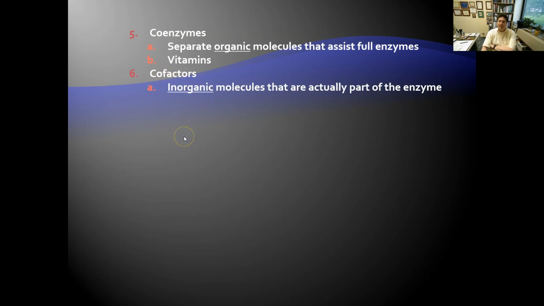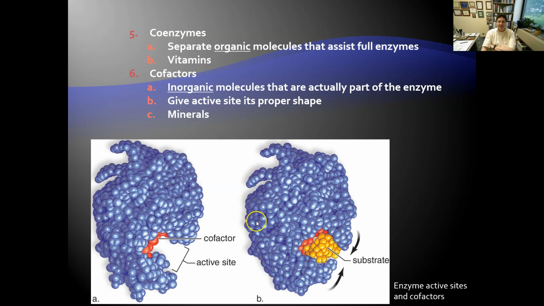This is another helper molecule, but it's inorganic, does not contain carbon, and it's not a separate molecule. It's actually part of the enzyme, and it gives the active site its proper shape. Now, in living things, minerals are cofactors. So we see here, here's our enzyme, there's the cofactor in red, and that gives this active site its proper shape so that the substrate can fit in there, lock and key.